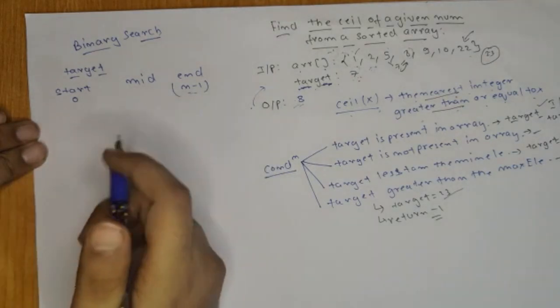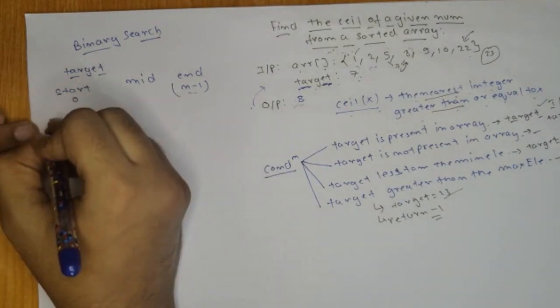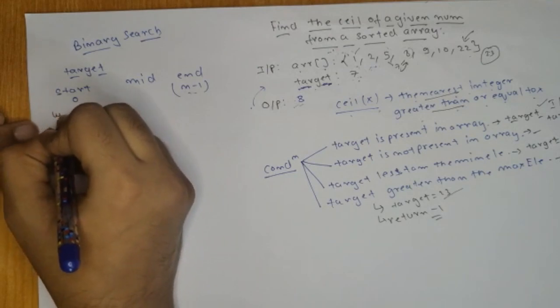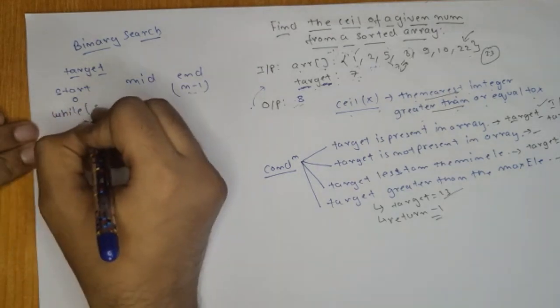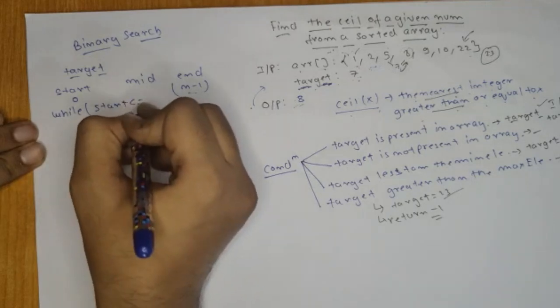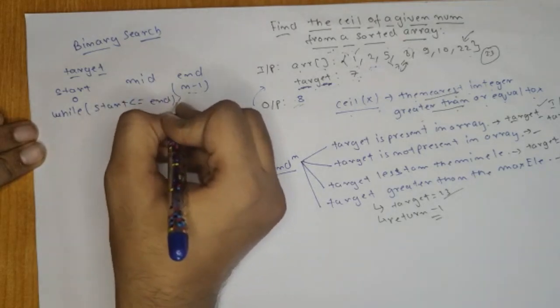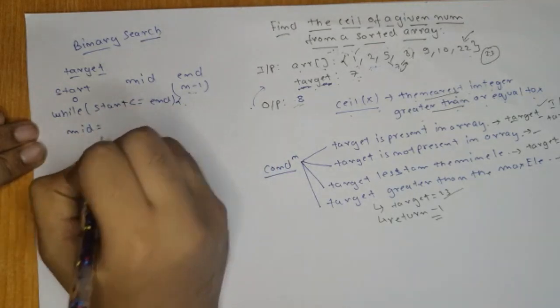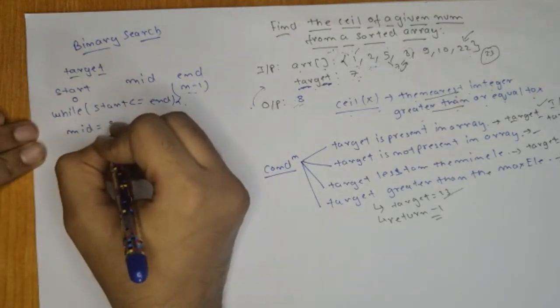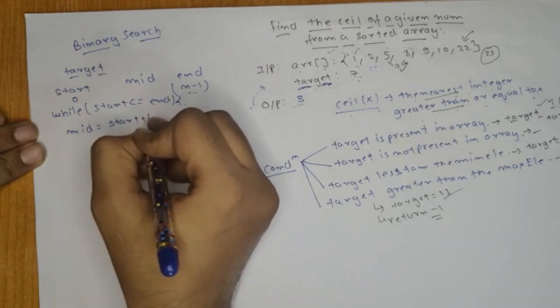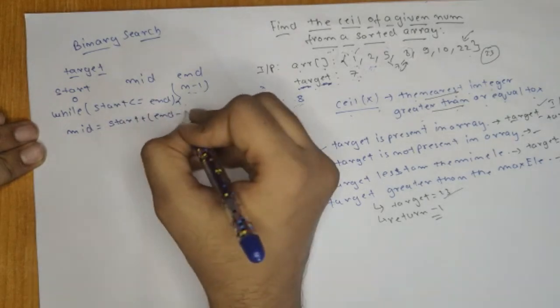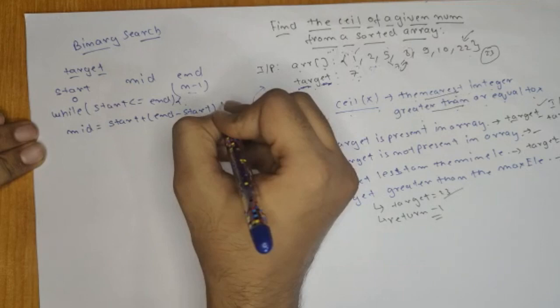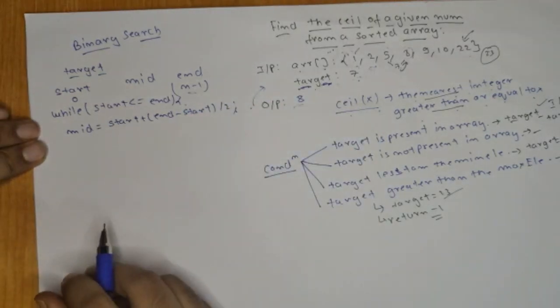We will assign it to end. First of all we run a loop while start is less than or equal to end, and then we calculate the mid. And what equation were we using? We were using start plus (end minus start) divided by 2. This was the equation we were using.